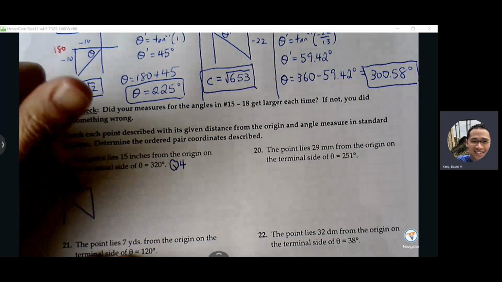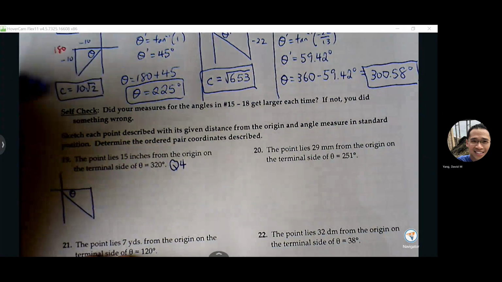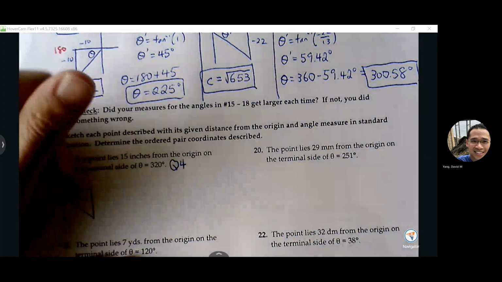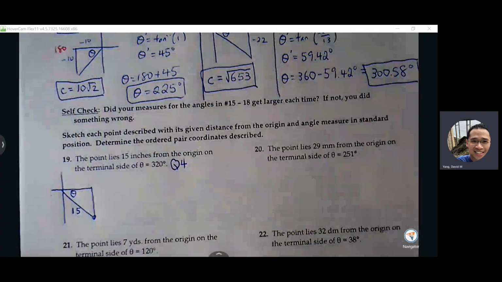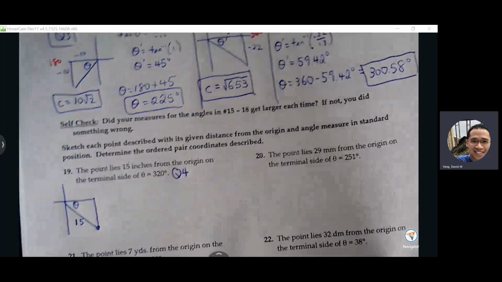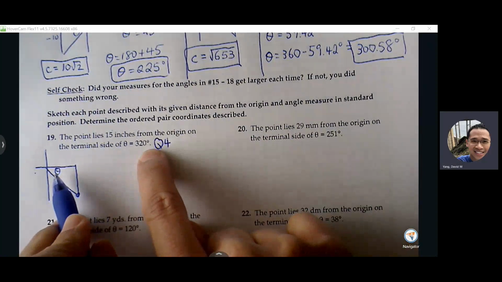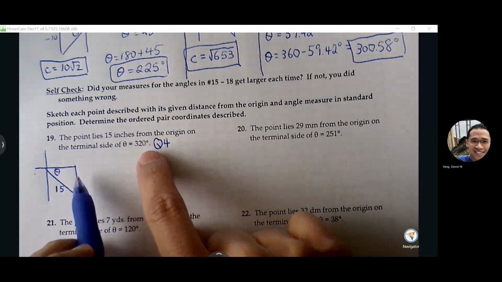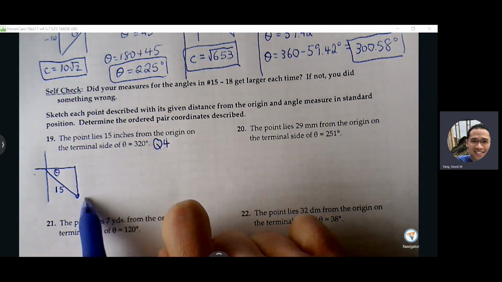So we want to create a reference angle so we can have a triangle to work with. Always draw your triangle involving the x-axis as one of your sides. 15 inches from the origin, so it's always going to be your hypotenuse. So what's this theta measure going to be? 40, right? Because 360 minus 320.